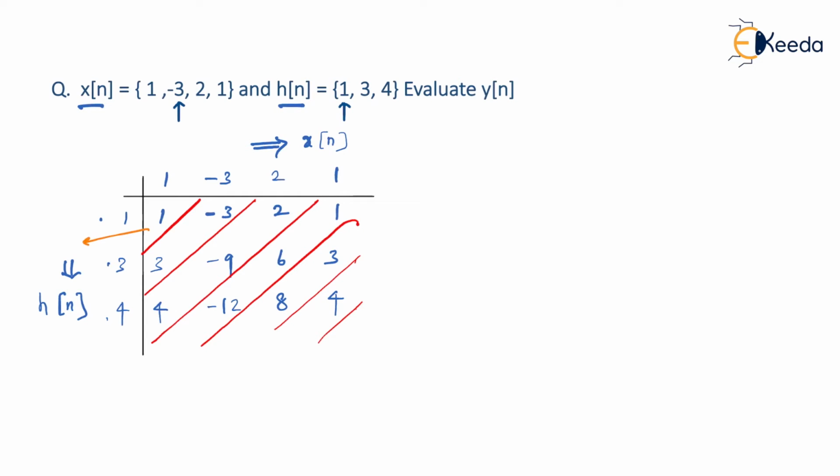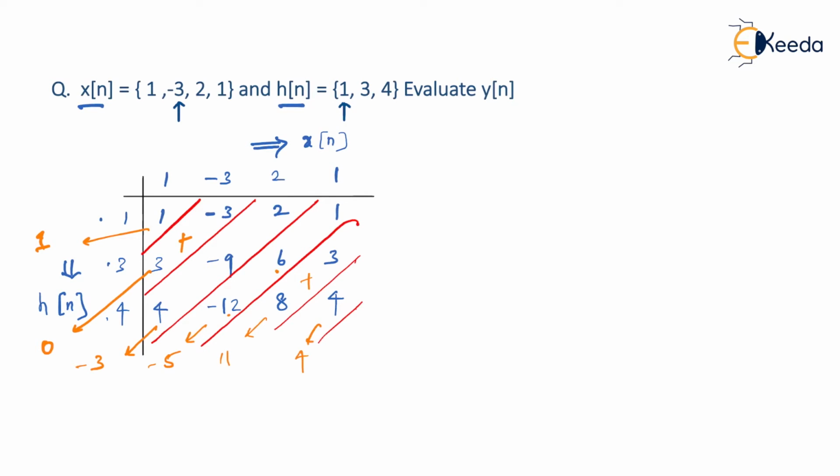So from this, what we have is 1. Now 3 plus -3, it becomes 0. Then 9 minus 4 or 4 minus 9, it is -5, and -5 plus 2, it is -3. -12 plus 6, -6, -6 plus 1, it is -5. 8 plus 3, it is 11, and this is 4.